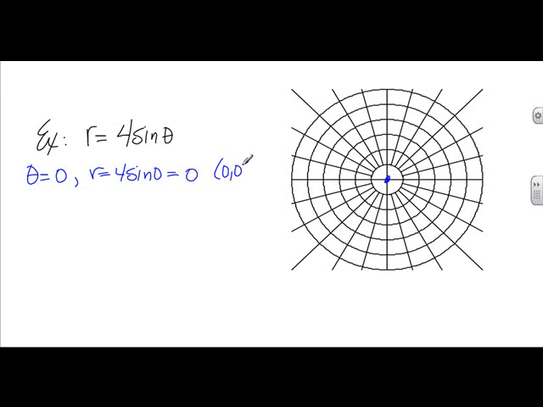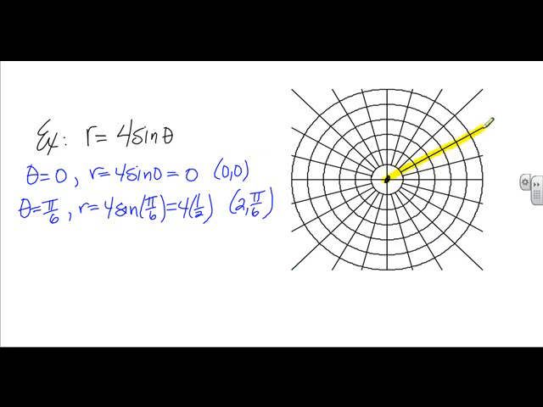And then if theta is pi over 6, then the value of r would be 4 times the sine of pi over 6. So we're looking at 4 times a half, or 2. So 2, pi over 6 would be the next point we plot. So pi over 6 is here, and then we count out 2 units out that line. And then move on to pi over 4, the next special angle.